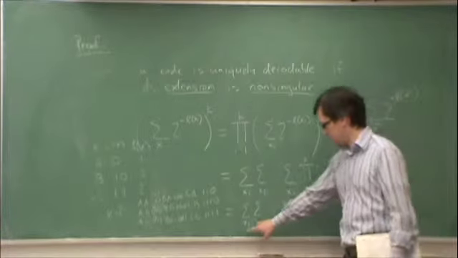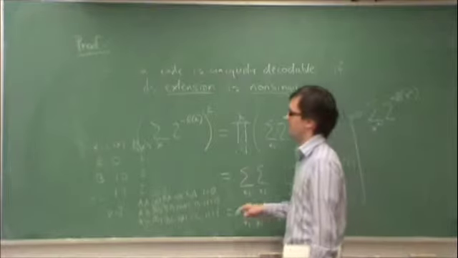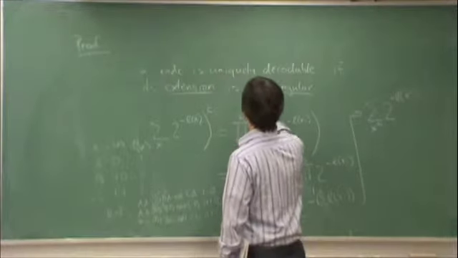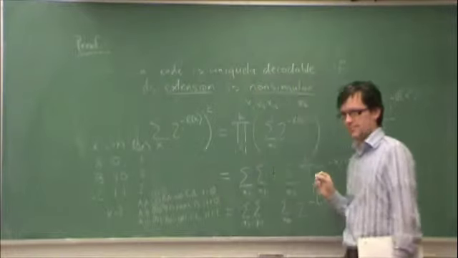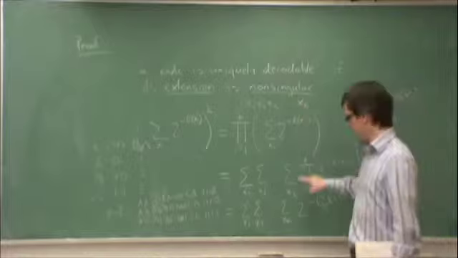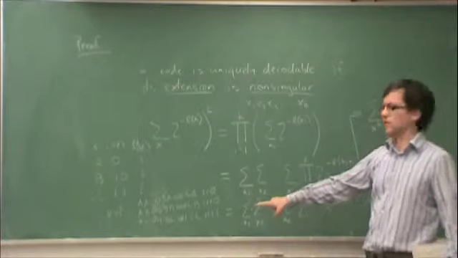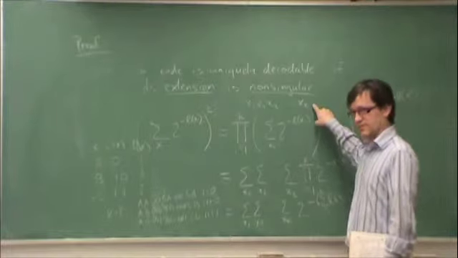So I'm summing over all the k. I have a vector x1, x2, x3, and so on, up to xk of source symbols. I'm summing over all of those variables. So this is the sum over all possible k-fold vectors of the source symbols.